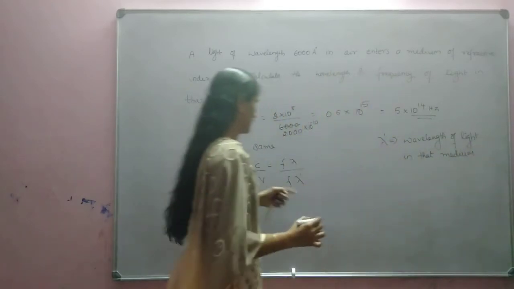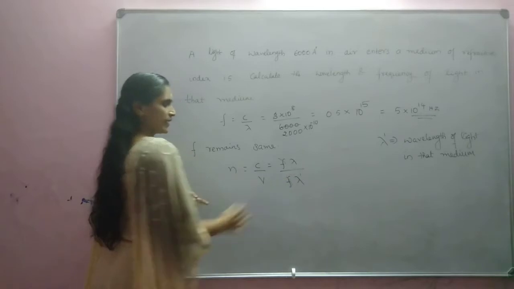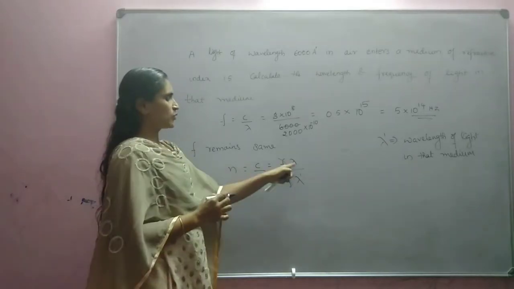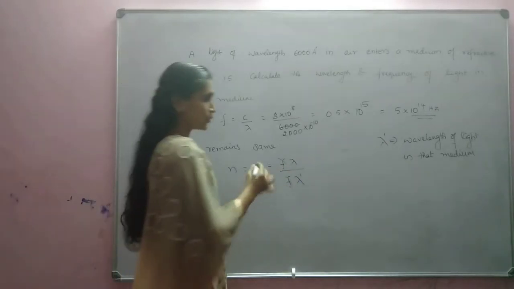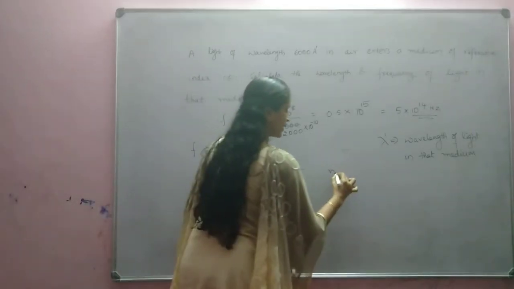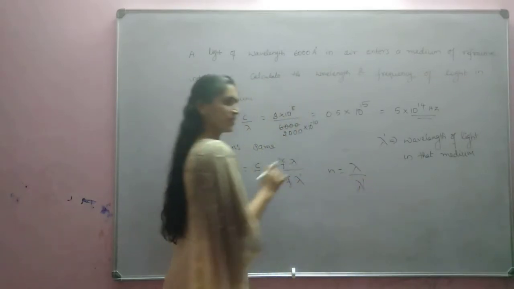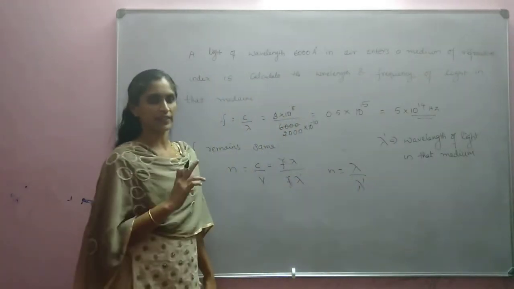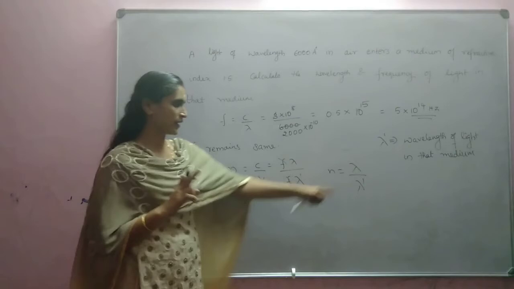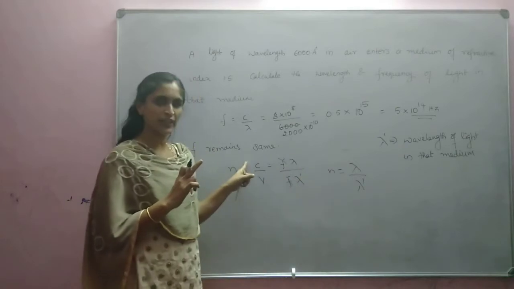Frequency can be cancelled. So n is equal to lambda by lambda dash. This is another relation between refractive index and wavelengths. Actually we are getting it from this relation only.